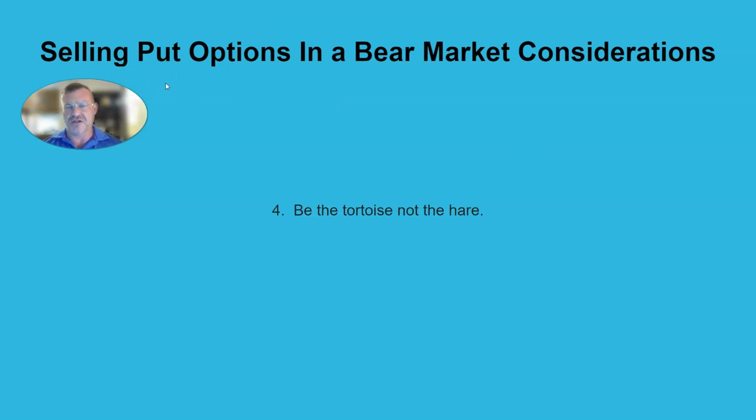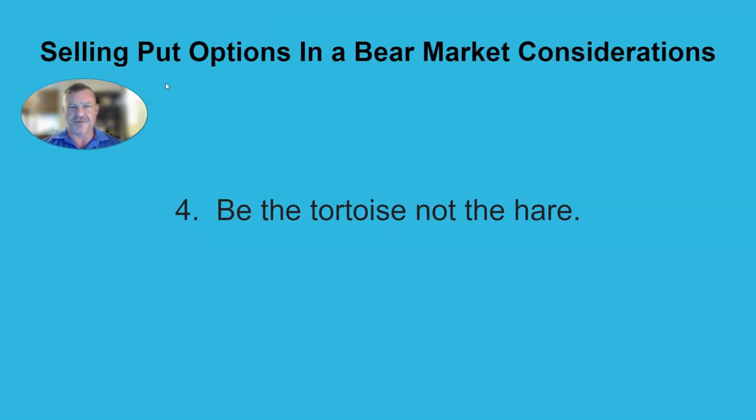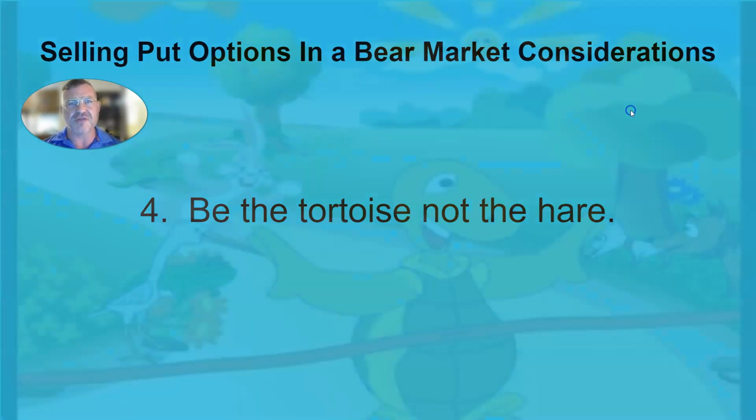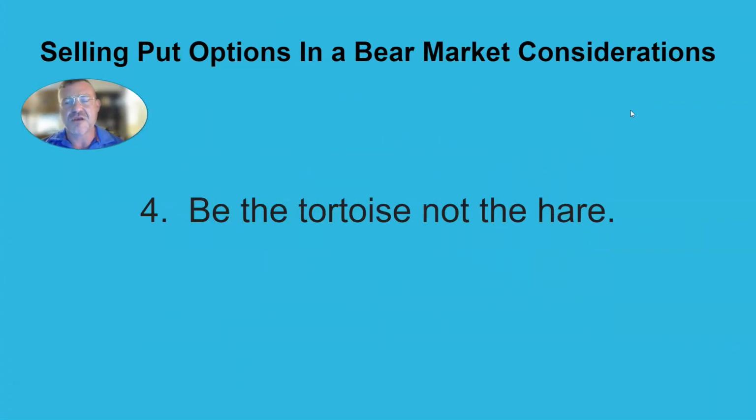The fourth thing I want to talk to you about, to consider, is consider being the tortoise, not the hare. Are you familiar with the story, the tortoise and the hare? The hare moves much, much faster, but the tortoise ends up winning the race. Slow and steady, slow and steady, slow and steady.